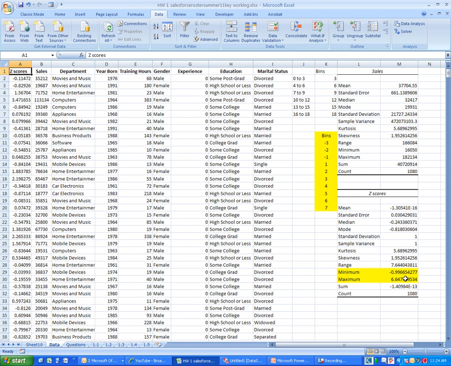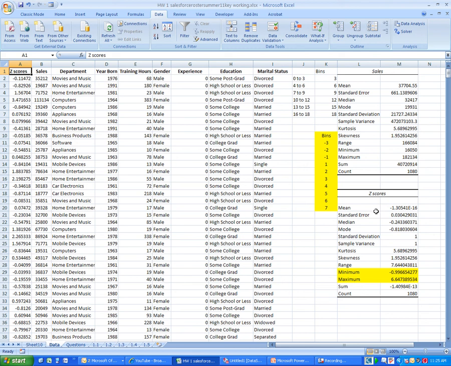What this is saying is that on the low end, we have cases going out to minus 0.99 standard deviations, but then on the right side of the distribution, a majority of our cases are going up to 6.64 standard deviations.